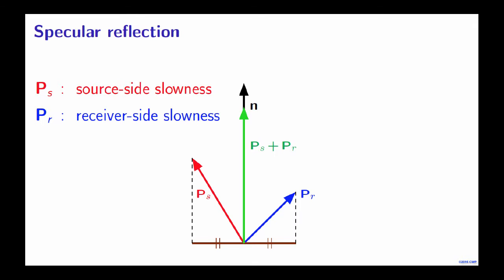To understand this specularity, let's assume we have a reflection point and we have corresponding source and receiver slowness vectors for the incident and reflected ray respectively.